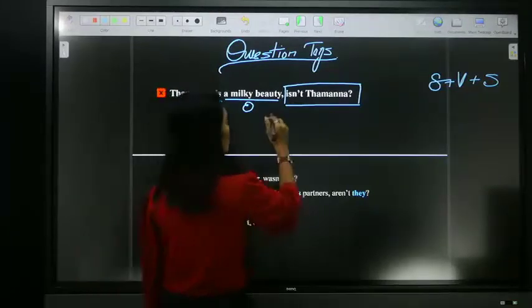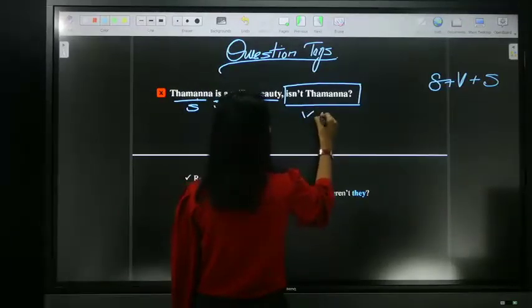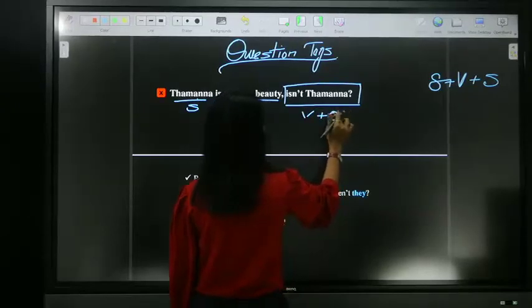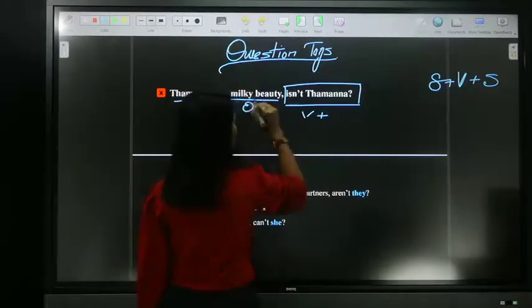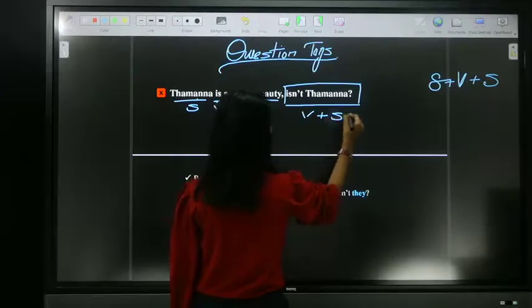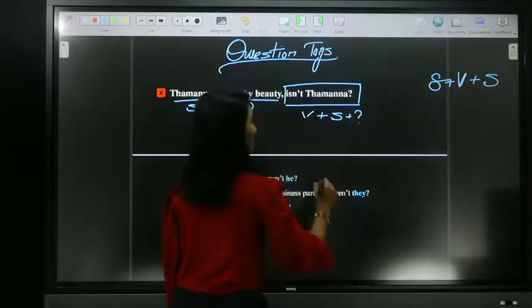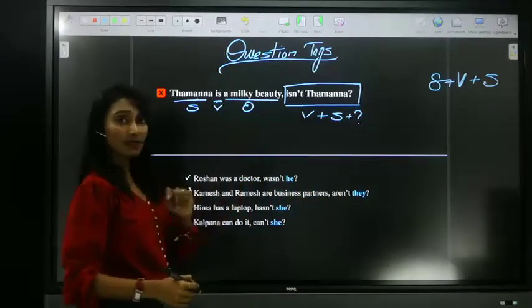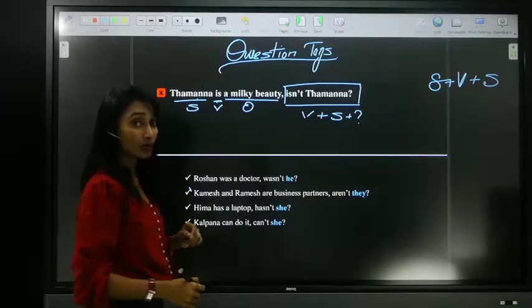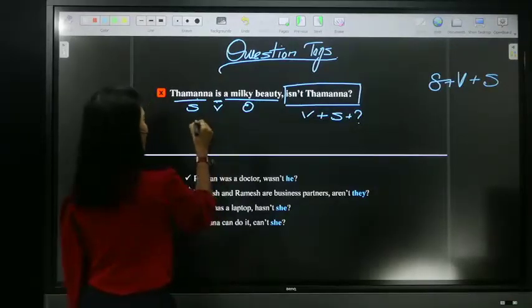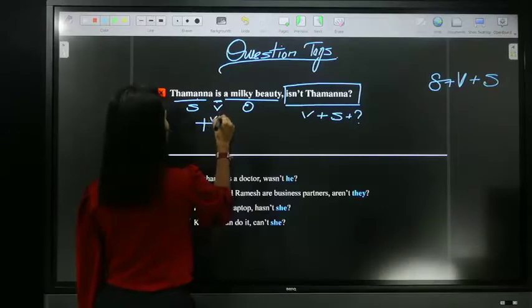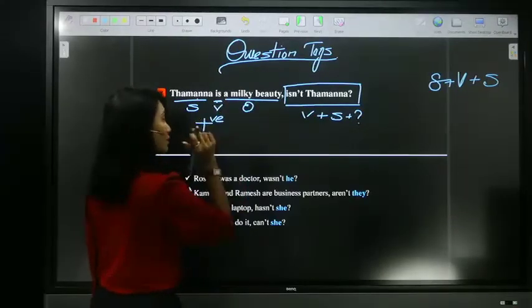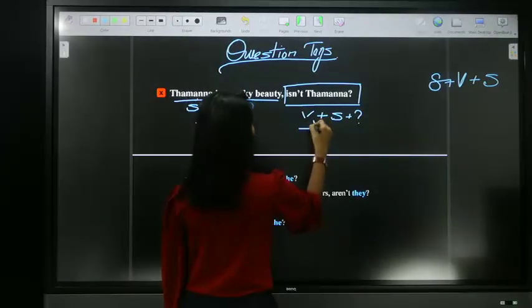As I told you, the question tag goes with the structure of verb plus subject plus question mark. Remember, the subject should be in pronoun case. Another thing, if the sentence is positive, the question tag must be negative.